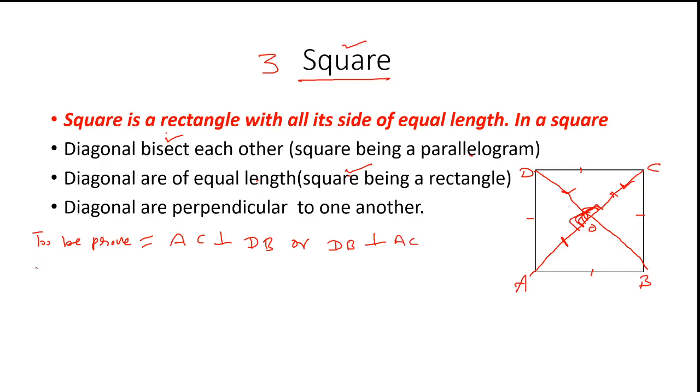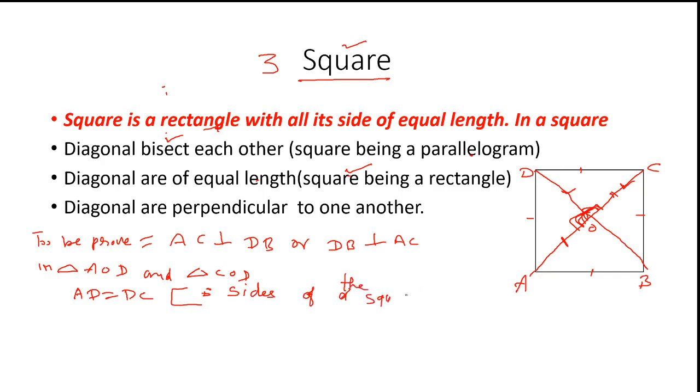So in triangle AOD and triangle COD, we can say that AD is equal to DC, sides of the square.